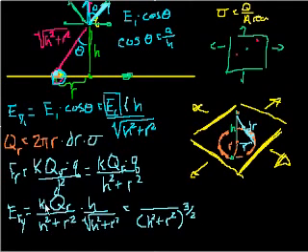And what's the numerator? Let's see, we have k h, and then the charge in the ring, which we solved up here.